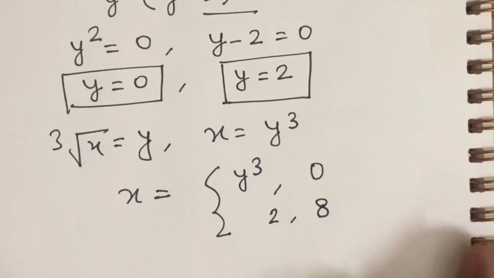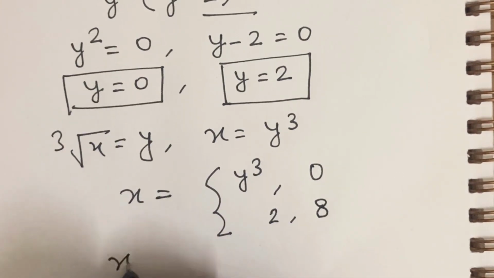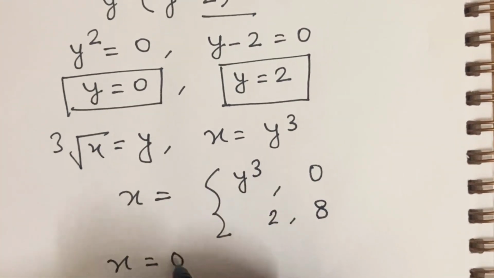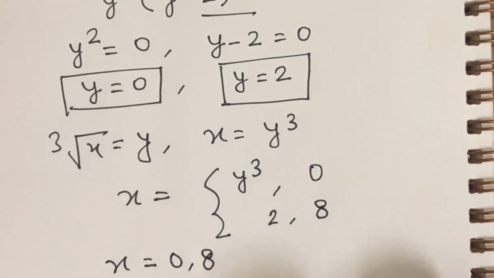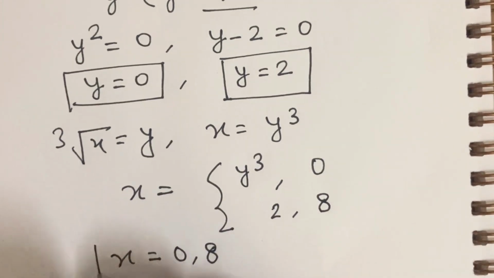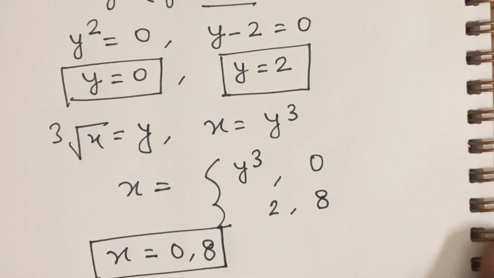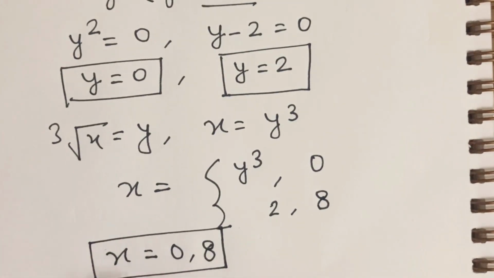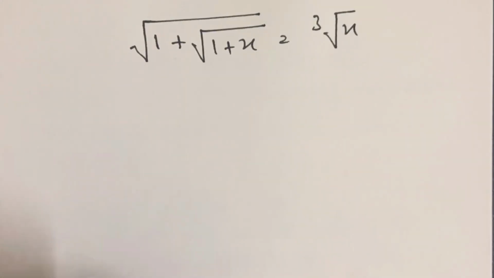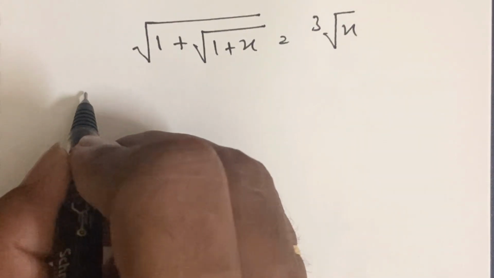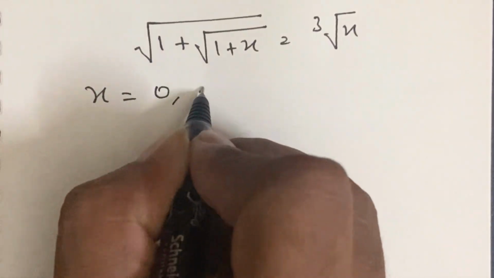So now we have got two values for x, 0 and 8. Now we are going to see which of these solutions is okay and which is not.